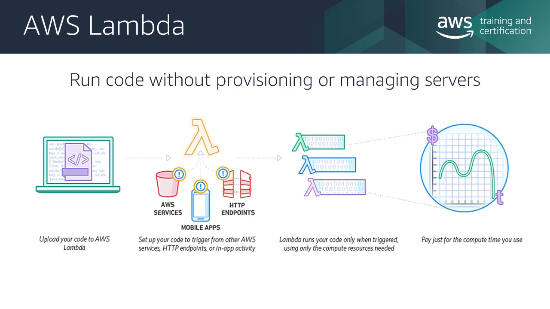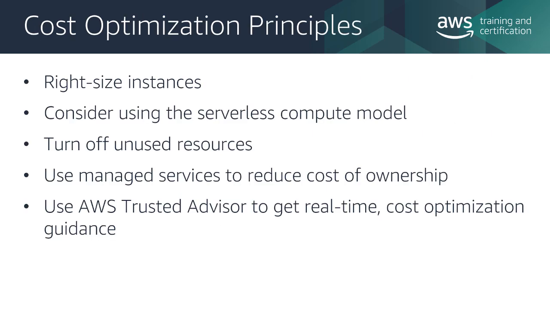Lambda is an excellent cost optimization strategy, especially when you talk about compute, because when you look at Lambda, it is pure consumption compute. You only pay for the microseconds that you're actually processing code. Other key things when you look at cost optimization, making sure that you've got properly sized instances.